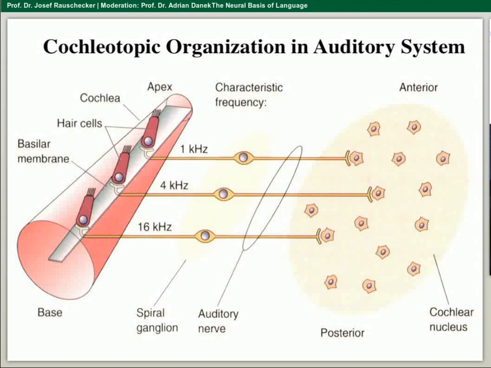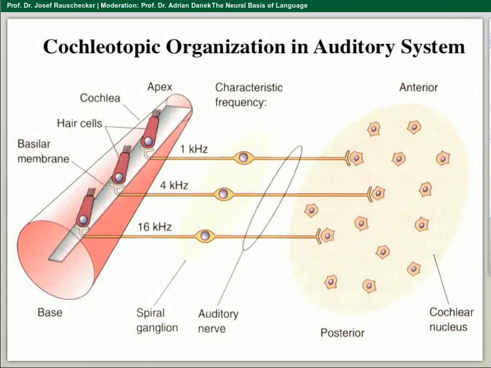So if you have a rope that you attach to the other side of the room, you have another wall here, and you then stimulate the rope with a wave. And you do this faster and faster. Then you get actually a location along that rope that resonates with the frequency that you use for stimulation.